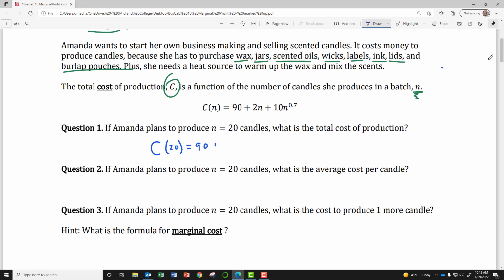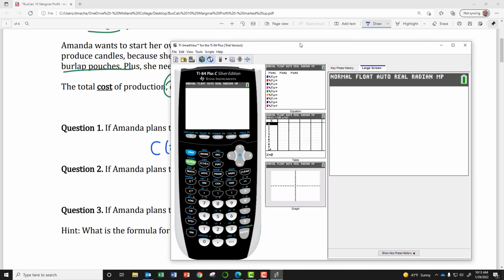And so I'll write 90 plus 2 times 20 plus 10 times 20 to the power 0.7. And for our purposes today, I need a calculator. So hopefully everyone can see this calculator when I bring it over.